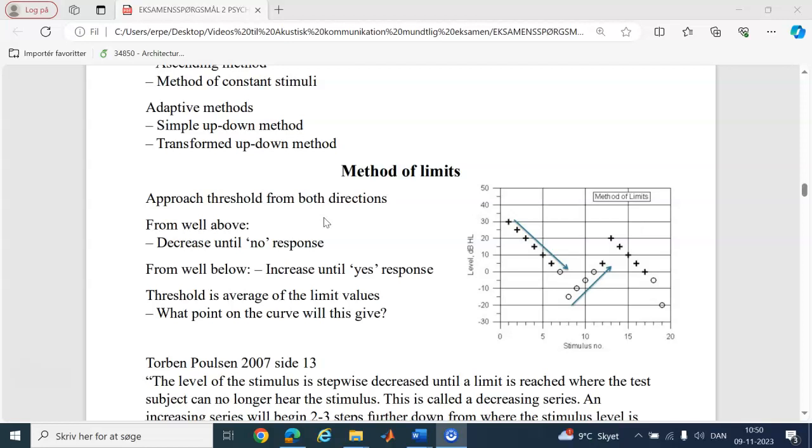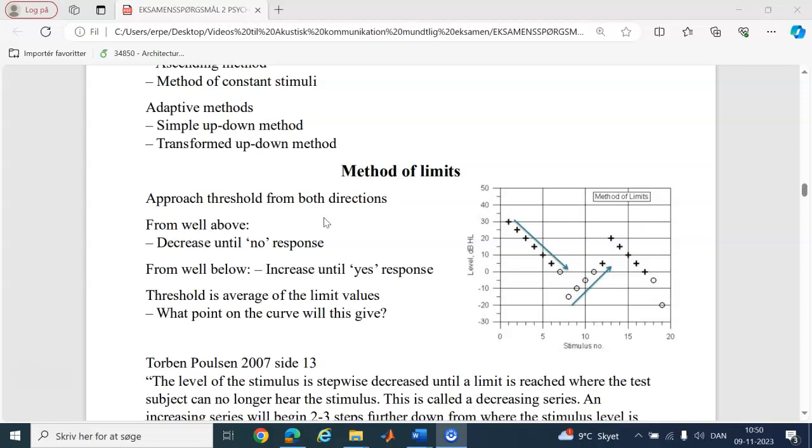Decrease until no response. From well below, you get a no, and just below, you start increasing to yes. In T-spell you go down in levels, then the same amount down and the same amount up, decreasing and increasing in the same level steps.